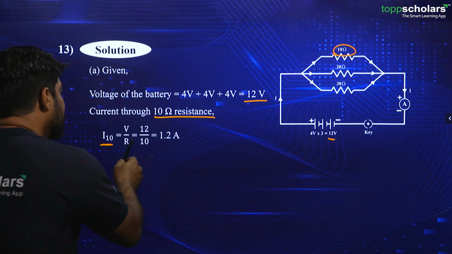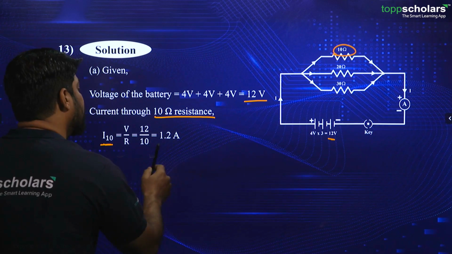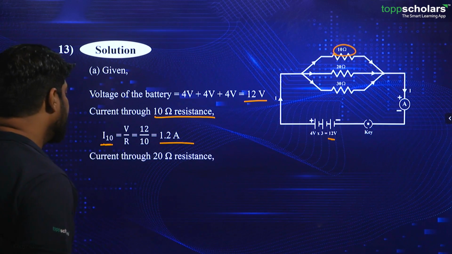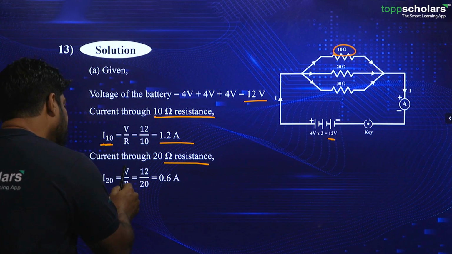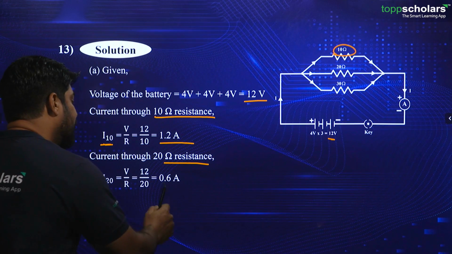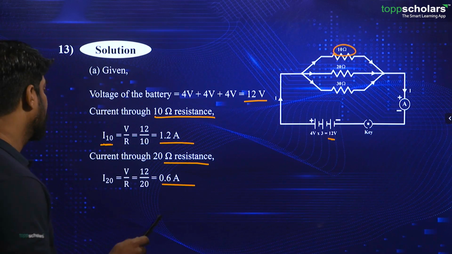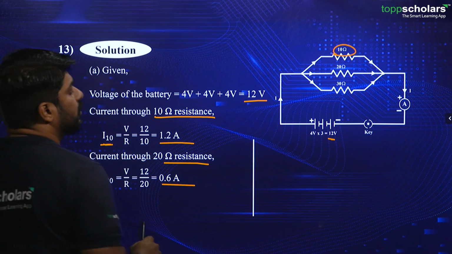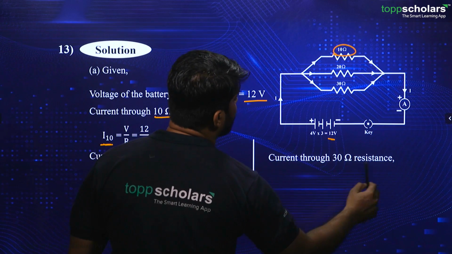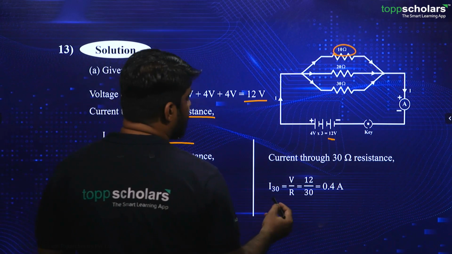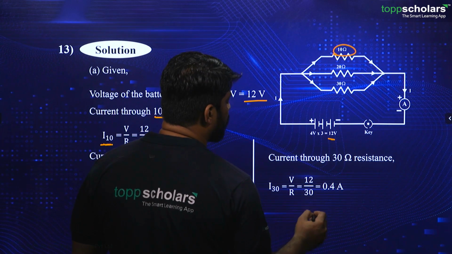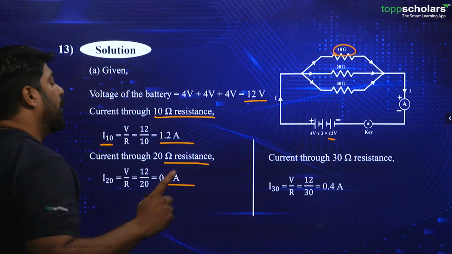So it is 1.2 ampere. Similarly, current through the 20 ohm resistor is I20, V upon R, 12 upon 20, that is 0.6 amperes. Next is the current through the 30 ohm resistor. I30 is equal to V upon R, 12 upon 30 is equal to 0.4 ampere.